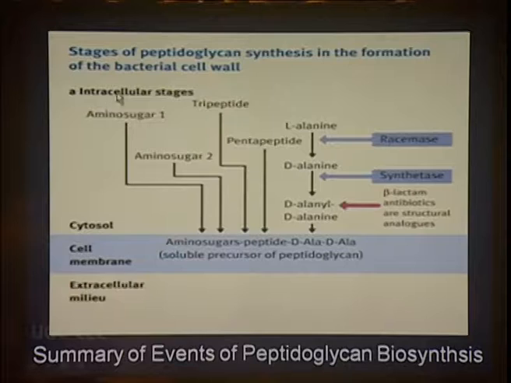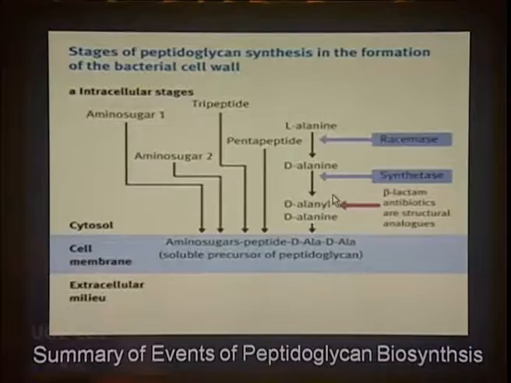There will be the intracellular changes. You can see here the formation of the amino sugar 1 and 2, then attachment of the amino acid residue producing the pentapeptide, and you know the most important step being alanyl alanine formation by the enzyme synthetase, or the transfer of L-alanine to D-alanine, and then finally alanine binding with another alanine producing the alanine synthesis, which is also targeted by some antibiotics.